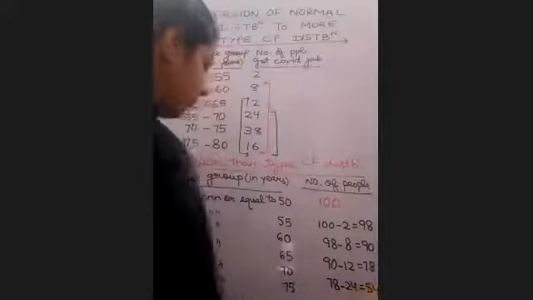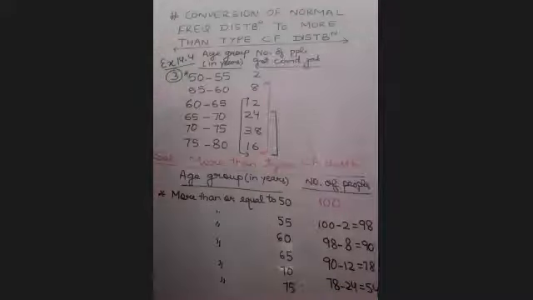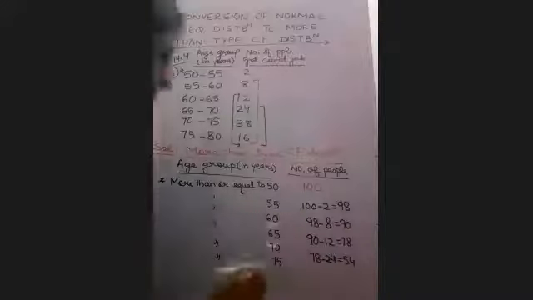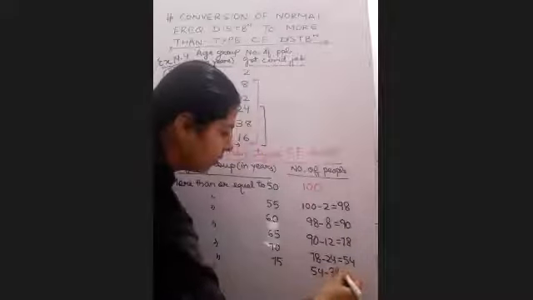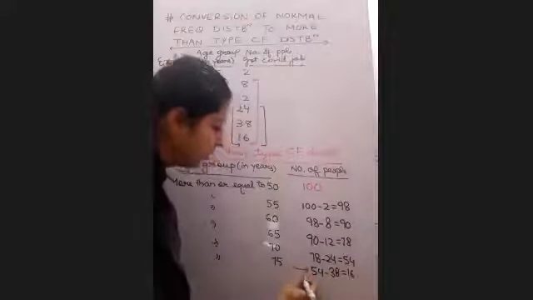And more than or equal to 75: 16. So 54 minus 38 is equal to 16. This is for this one.